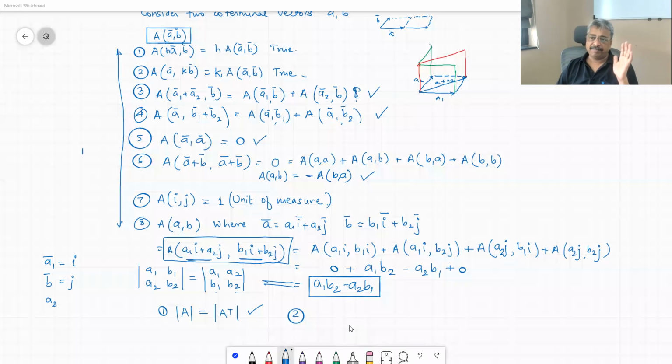Now, what is the game that we are playing? We are playing the game of evaluating the determinant. We are playing the game of finding out area if it is 2 by 2 determinant, volume if it is 3 by 3, and so on for n by n. That is what is in our mind, because by learning the matrices, we came to know that finding determinants of those matrices is important.